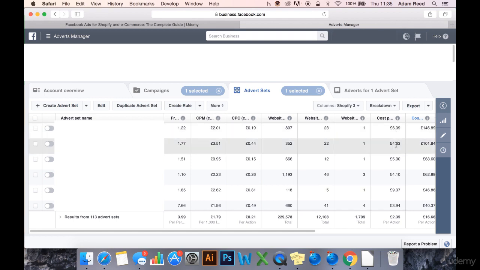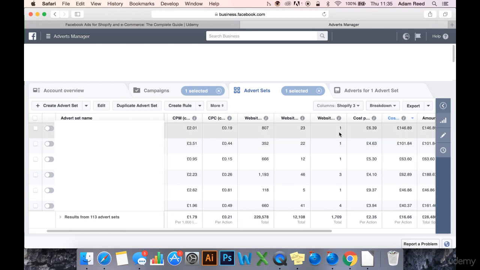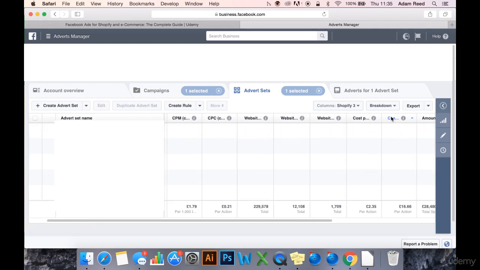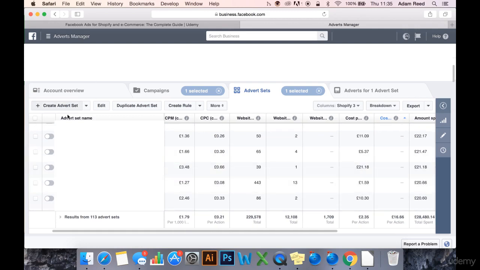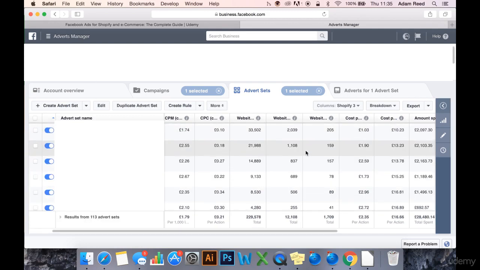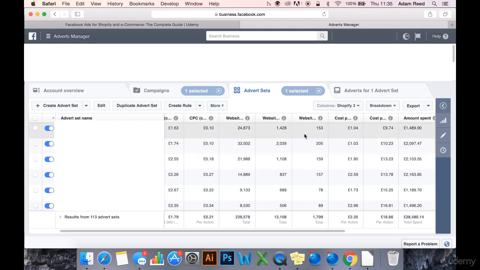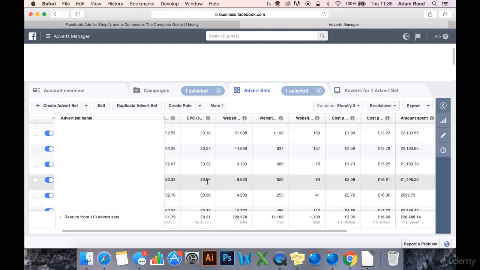The issue is if you don't have past data to compare to. For example, I know that a CPC of maximum 35 pence is going to run me a cost per purchase of around £16.